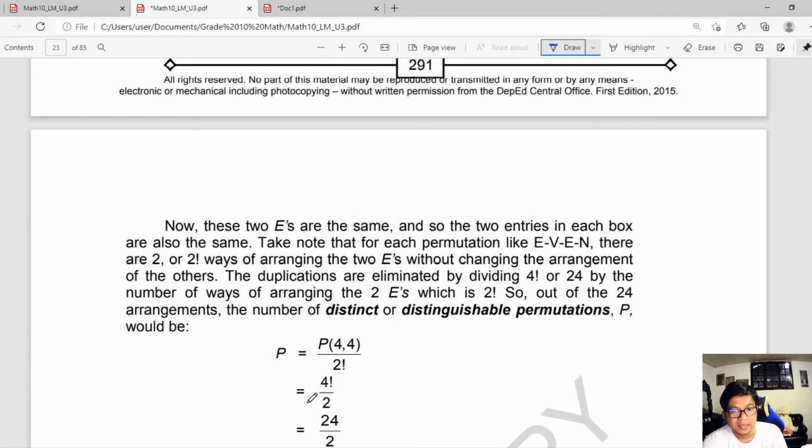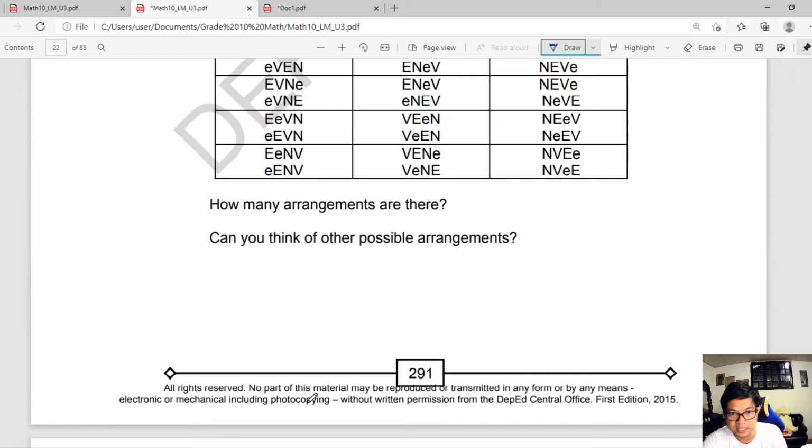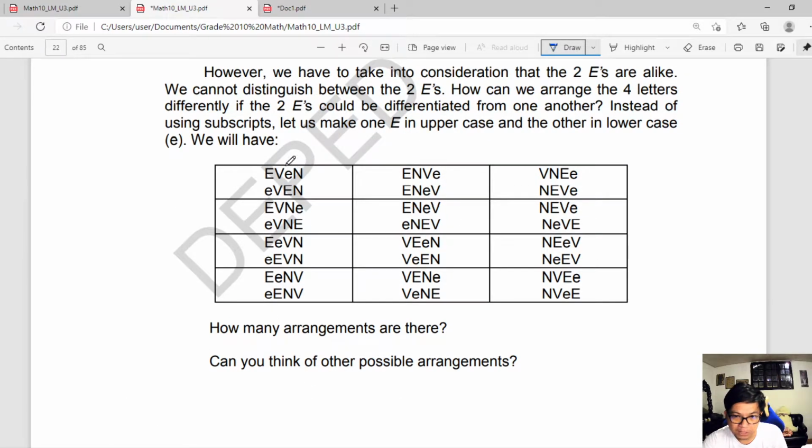So, now, these 2 E's are the same. And so, the 2 entries in each box are also the same. As you can see, diba? Ito, assuming na kasi ito na iniba natin, we use another case ng letter E para ma-identify natin yung kaya.